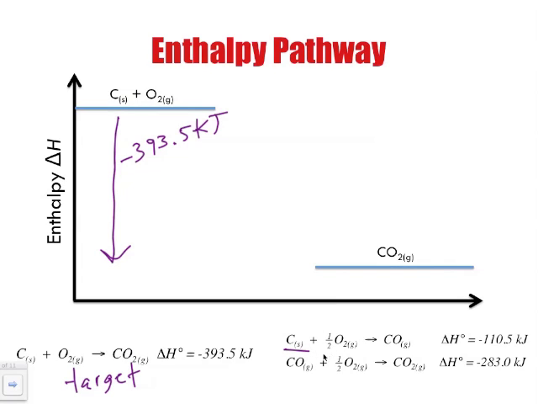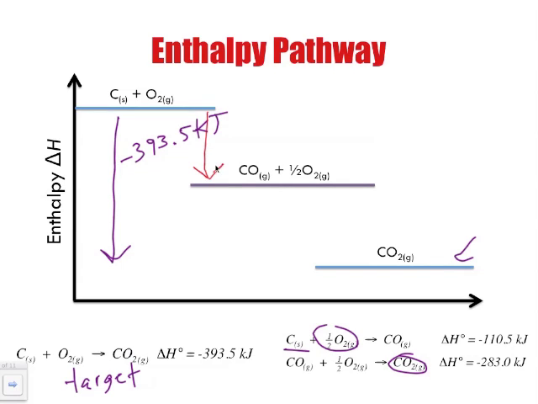However, if we look at this equation here and we combine them, we're going to have the 1 carbon and 1/2 mole of this oxygen. So we're still here. These are really our reactants. But what's going to happen is we're going to have this intermediate step here. So before I can form this CO2 down here, there's another reaction that's occurring in a sub-step. So here, if we look at it, we've got this intermediate reaction that's taking place with a release of about minus 110.5 kilojoules of heat.